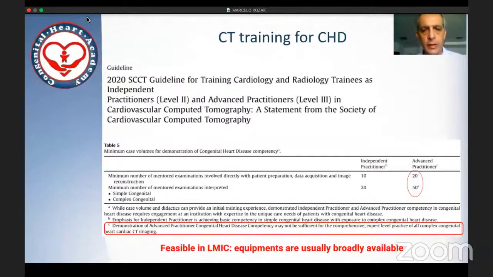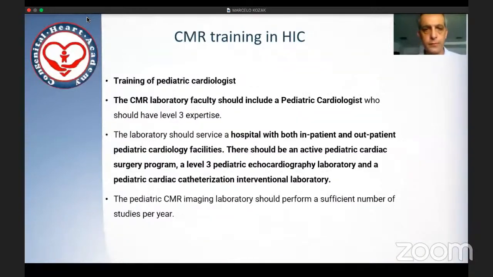This is totally feasible in LMIC, and equipment is usually broadly available. The CMR training in high-income countries is very similar to the training in echocardiography. You need to be a pediatric cardiologist or a radiologist.